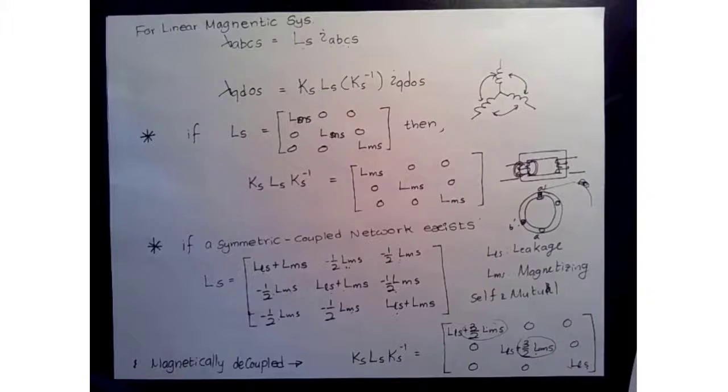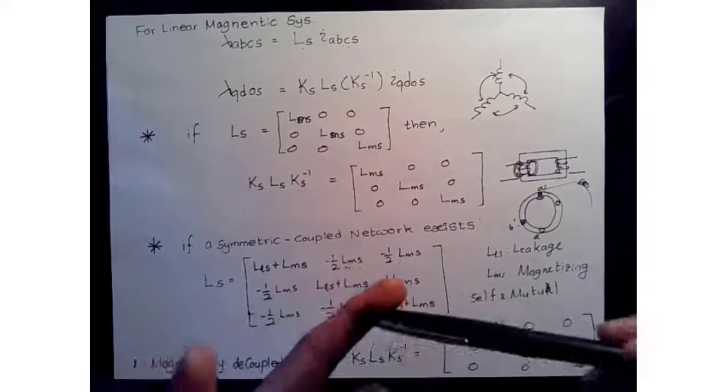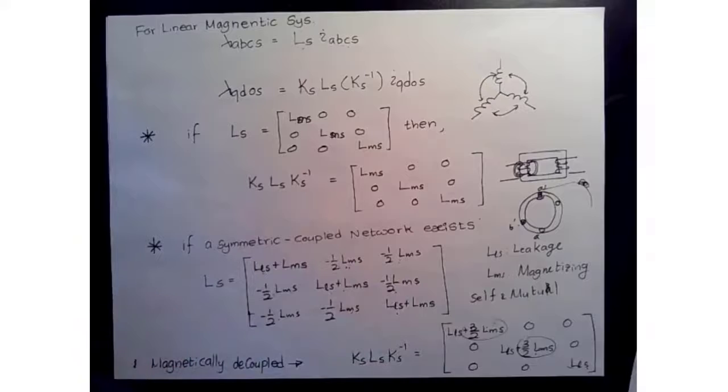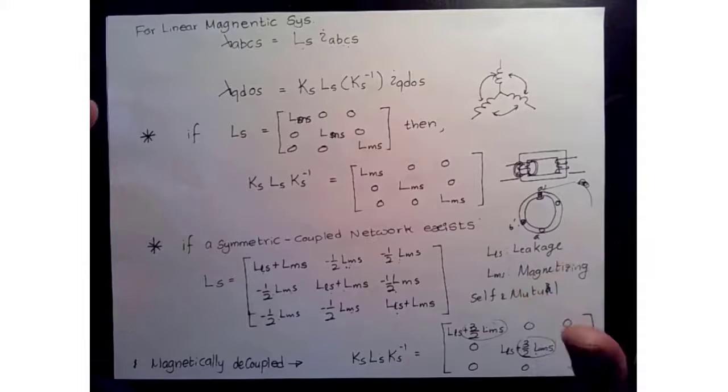Not a full-fledged machine, but somewhat of a combination of inductance and resistors, and let's see what that results in, because that will help us understand the deeper concepts when we go into machines. Because the machine has resistors, inductance, mutual inductance, back EMF, all in one equation. So if we want to understand that, we want to have that initial basic knowledge behind how to use this transformation for analysis.